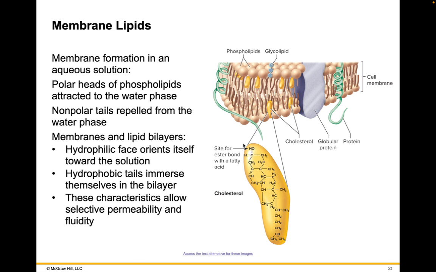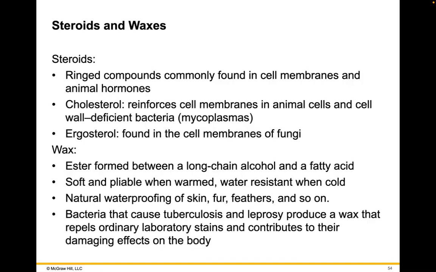Now, what I needed you to learn in your previous biology classes is that cholesterol, which we'll talk about in a second, is a 4-carbon hydrogen ring structure. It's a lipid, and because it's a lipid, it can hang out with these fatty acids in here, and these cholesterols in the membrane help keep the membrane rigid but fluid. So as I mentioned, cholesterol is in the cell membrane and reinforces it.